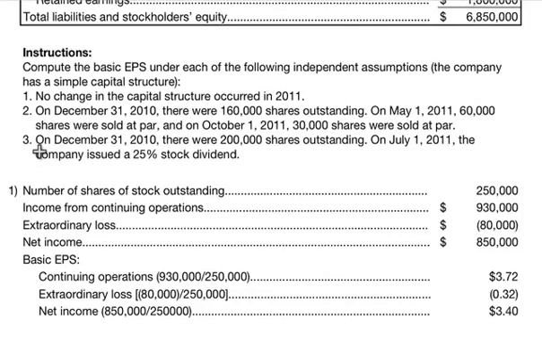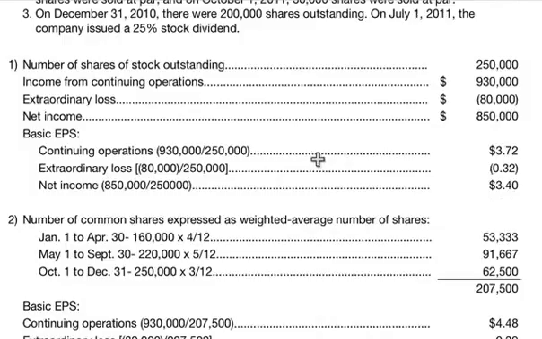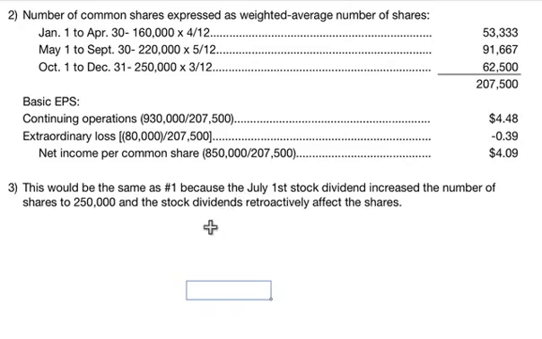So on number 3, on December 31st, 2010, there were 200,000 shares outstanding. On July 1st, 2011, the company issued a 25% stock dividend. On number 3, we don't really have a calculation. Well, if you go through the calculation, this is what you'll find out. This ends up being the exact same as number 1 because the July 1st stock dividend increased the number of shares to 250,000, and stock dividends retroactively affect the shares.